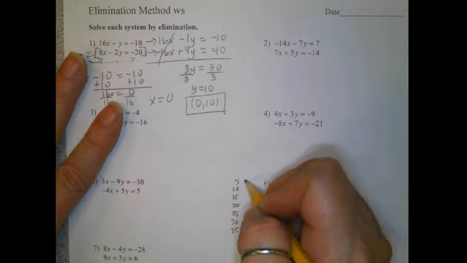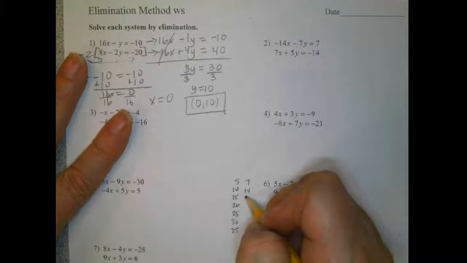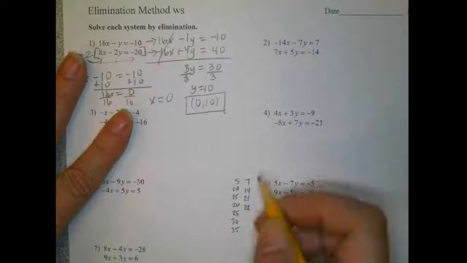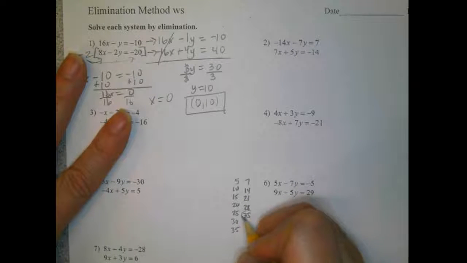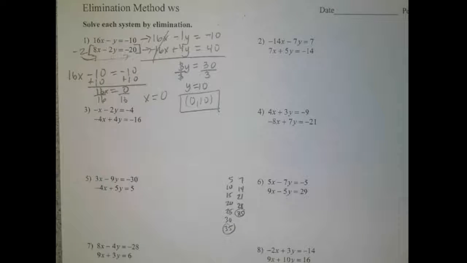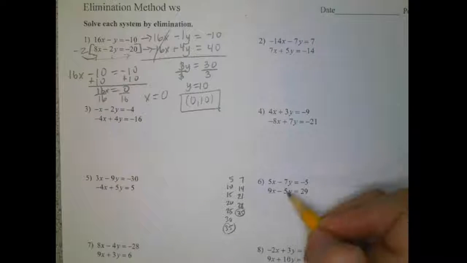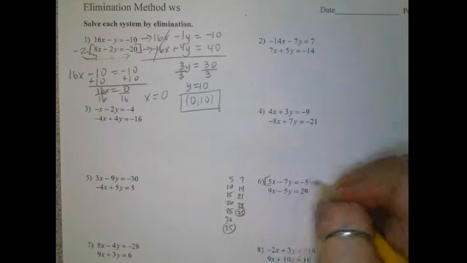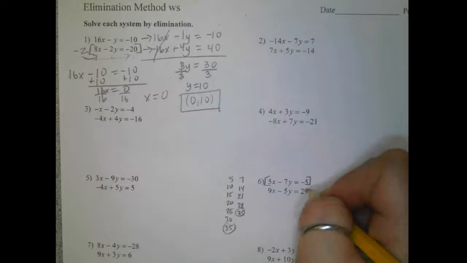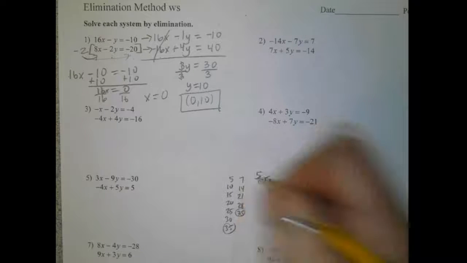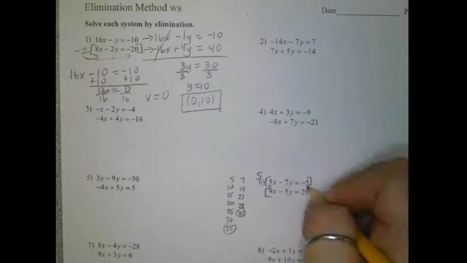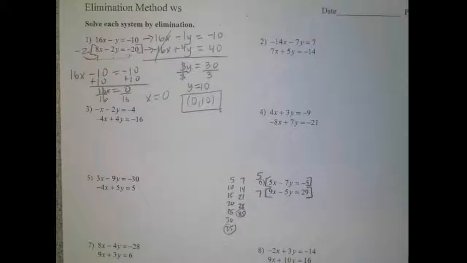Let's try my 7. 7, 14, 21, 28, 35. So it looks like 35 is going to be my smallest common multiplier, right? My least common multiple, which means that I'm going to have to multiply my top equation by a 5, and my bottom equation by a 7.